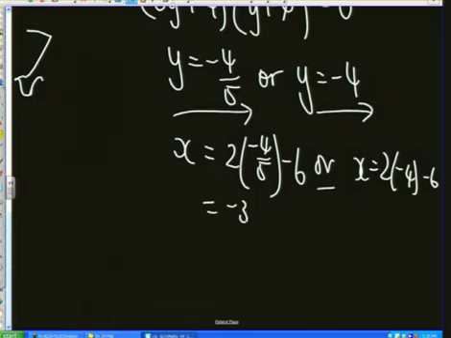So it's minus 38/5. Or x equals minus 8 minus 6 is minus 14. Okay, so when x is negative 38/5, y will be that, and when x is negative 14, y will be that.